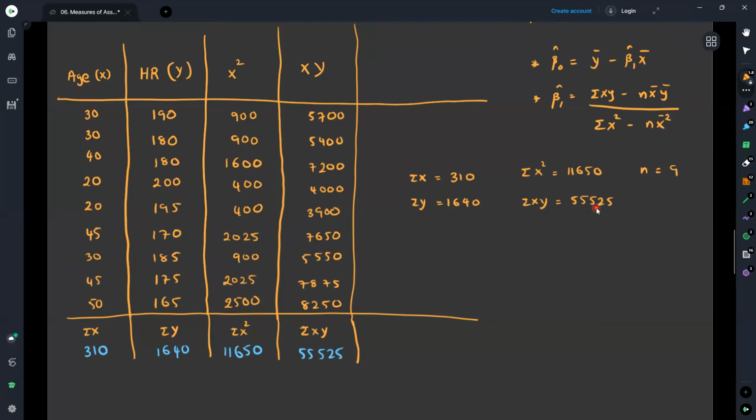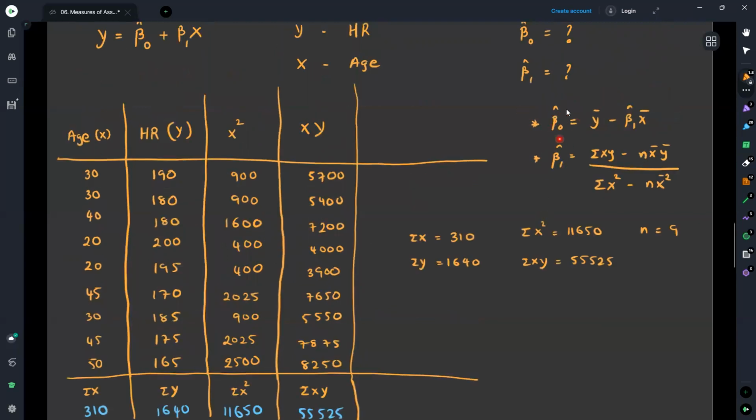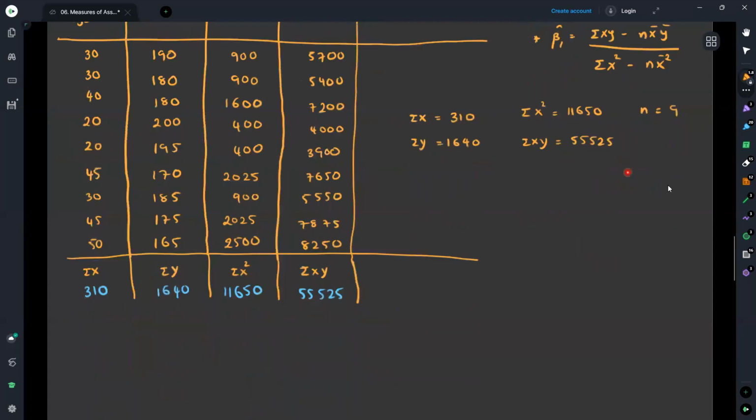Now we need to substitute these values. First, I'm computing beta 1 hat, because beta 1 hat is used in the equation which is used to compute the beta naught hat, the intercept parameter.